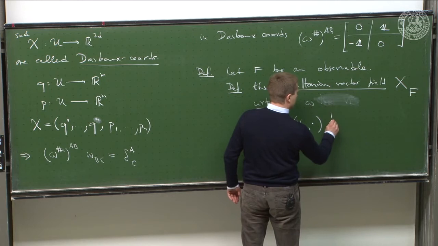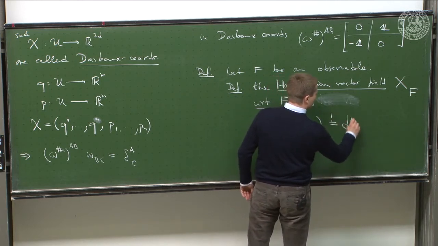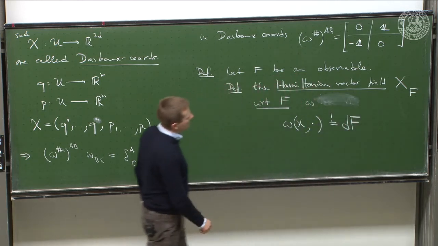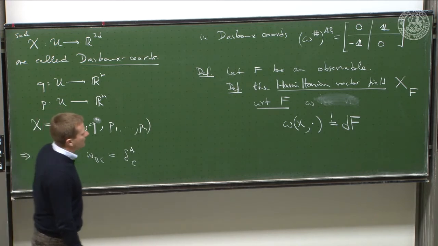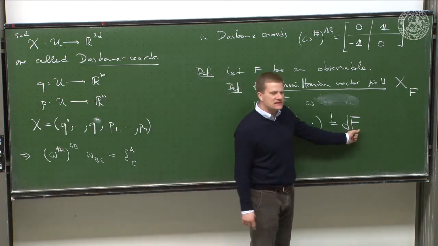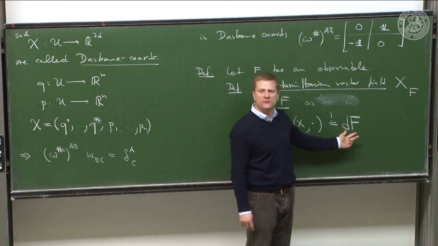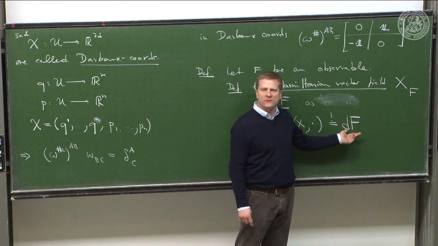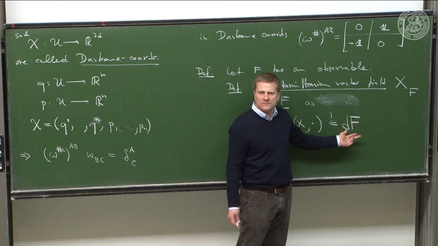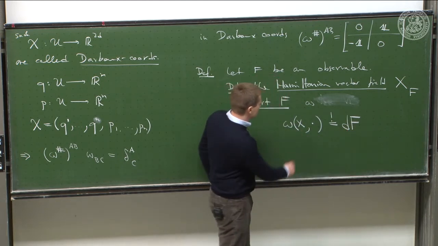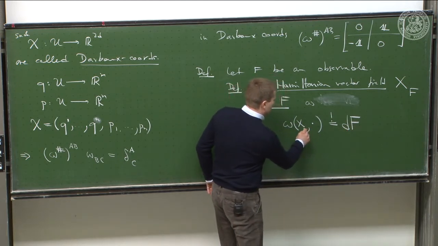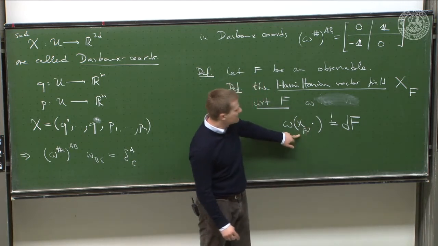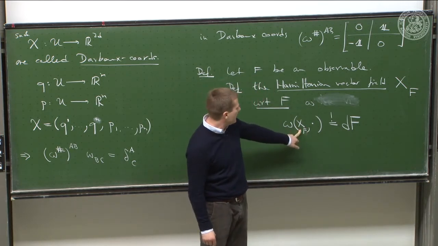And you require this to be the exterior derivative of the observable, but the observable is a function, so it's a 0 form, so dF is a 1 form. 1 form on the symplectic manifold equals 1 form on the symplectic manifold. That works. Sorry, this is X down F. It's a little implicit, the definition of X_F.